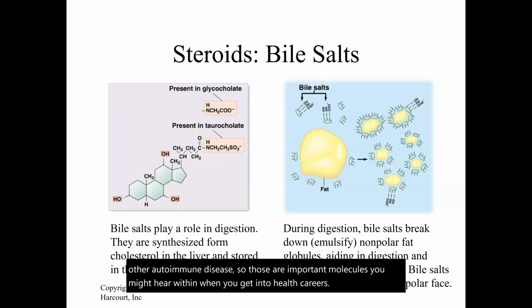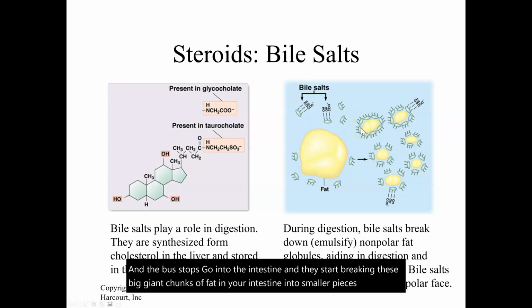So steroids are important in our digestion. One type of steroid is bile salts, and the cool thing about it is it has a polar side and it has a non-polar side. And so what it's able to do is, when you eat a lot of fats in your diet, it goes into your stomach and then into your small intestine, and then your liver produces bile salts. And the bile salts go into the intestine, and they start breaking these big giant chunks of fat into smaller pieces.